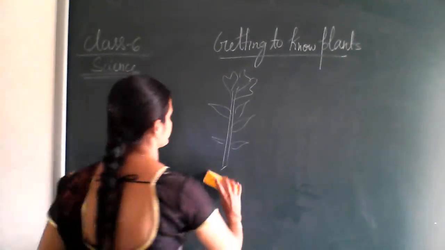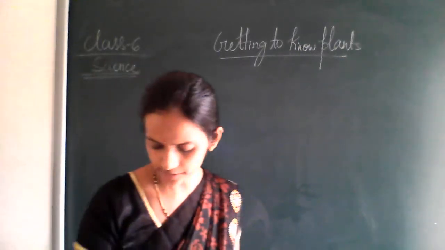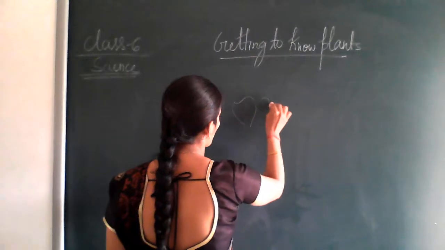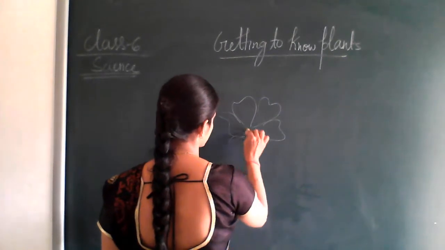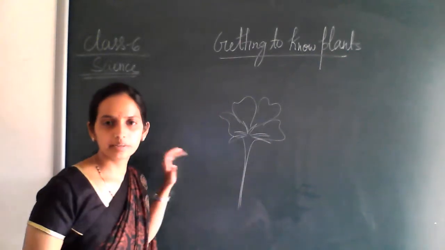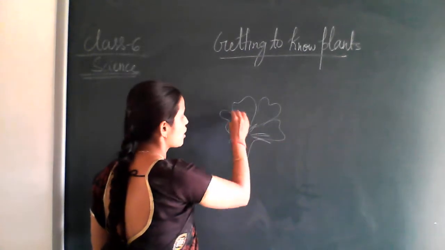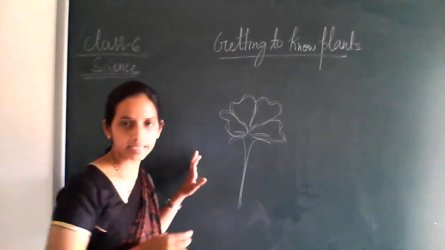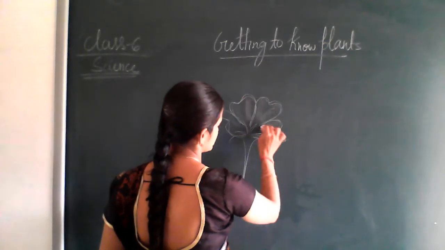In the previous class, we studied what petals are, right? And what sepals are. The colorful structures of the flower are called petals. You can see the colored structures.